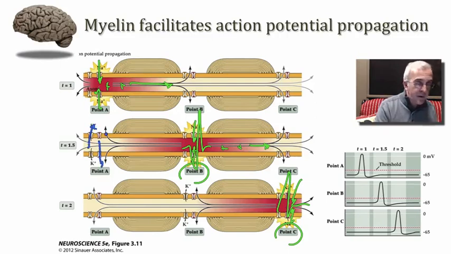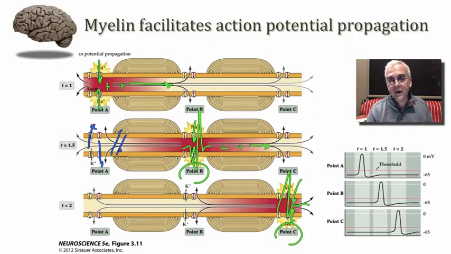So potassium flows out, the membrane repolarizes, again putting the brakes on the back propagation of that action potential. The same would be true, of course, with the repolarization of the membrane at site B, as an action potential is generated one nodal length in the downstream direction at point C.